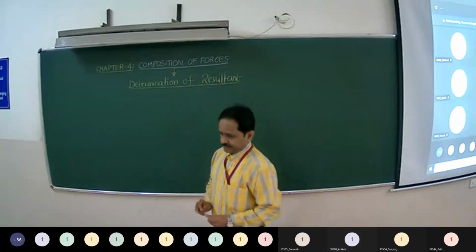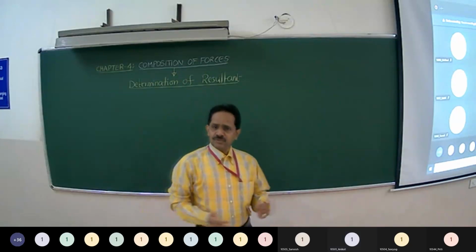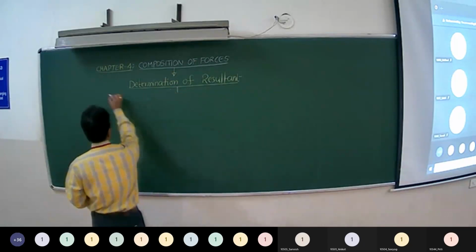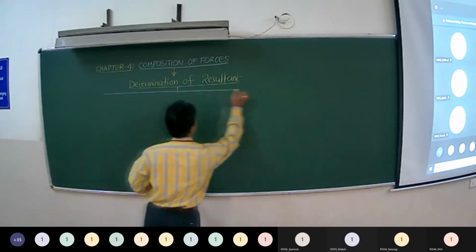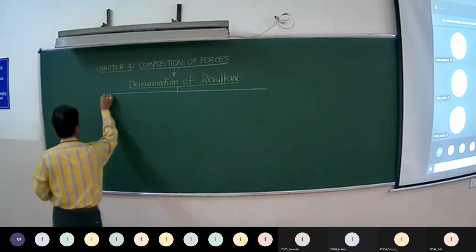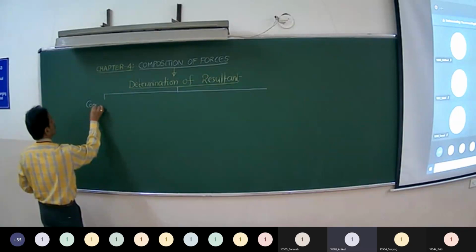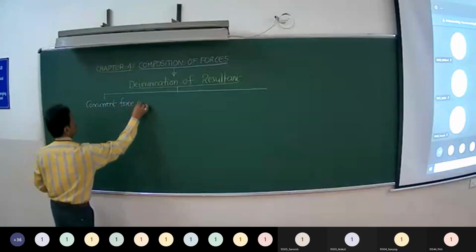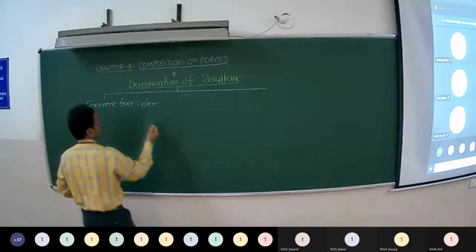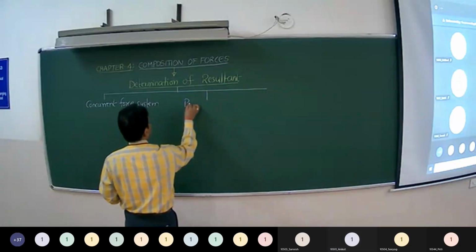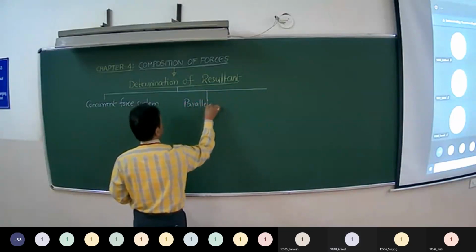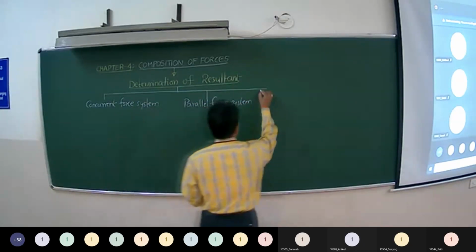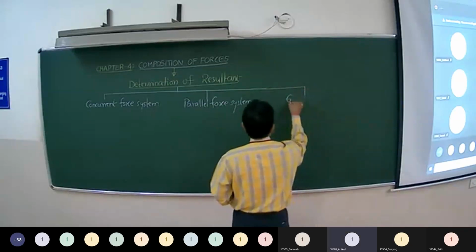We are going to study basically the coplanar force system. Again, in the coplanar force system, we are going to find out the resultant of the concurrent force system, parallel force system, and general force system.